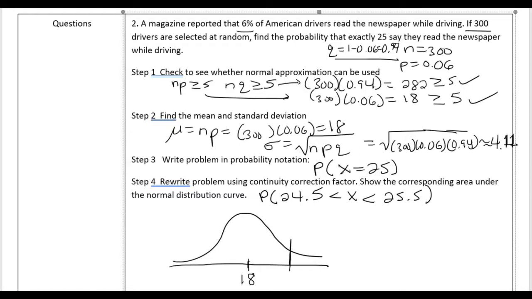So this is 25. And we're doing 24.5, which is around there, and 25.5. All right, and then we're going to shade in between those, and that is the area that we're looking for. That little bitty area is going to give us the probability for 25.